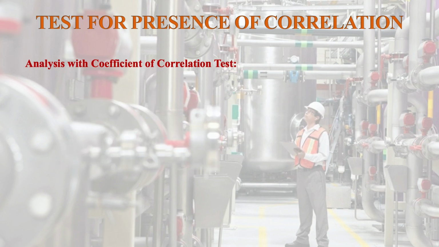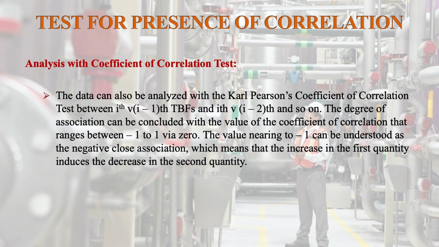Analysis with coefficient of correlation test. The data can also be analyzed with the Karl Pearson coefficient of correlation test between the ith versus the i minus 1th times between failures, and ith versus i minus 2nd, and so on. The degree of association can be calculated with the value of the coefficient of correlation that ranges between minus 1 to 1 via 0.